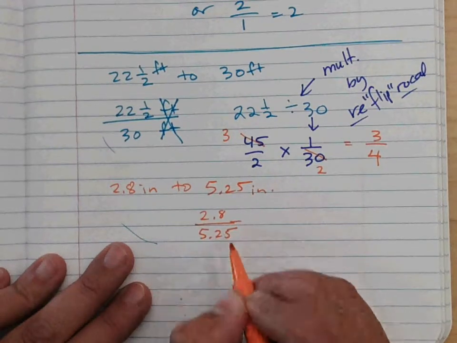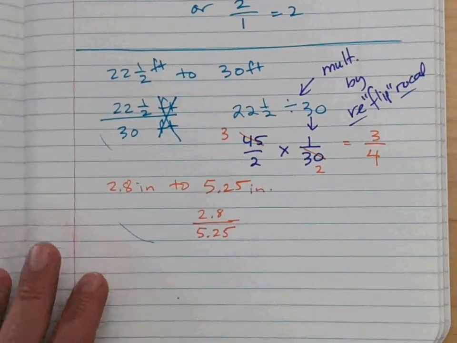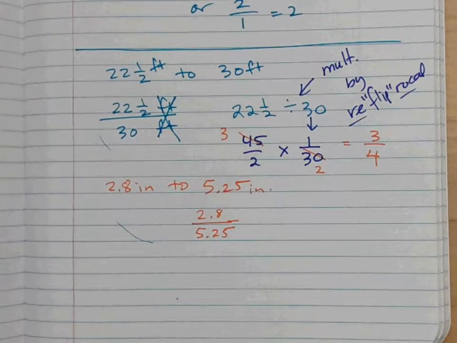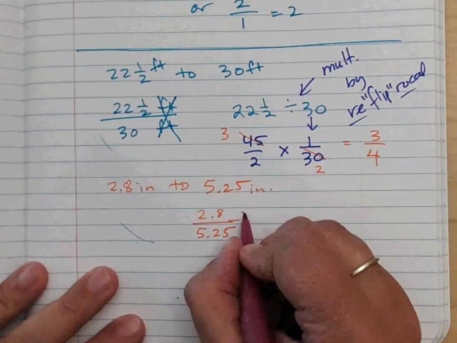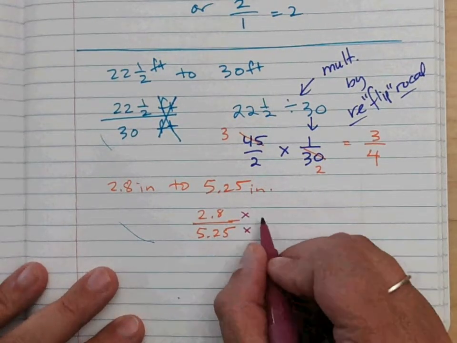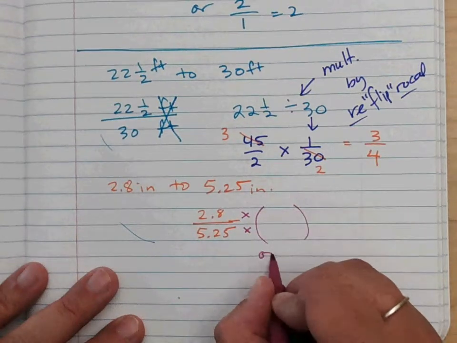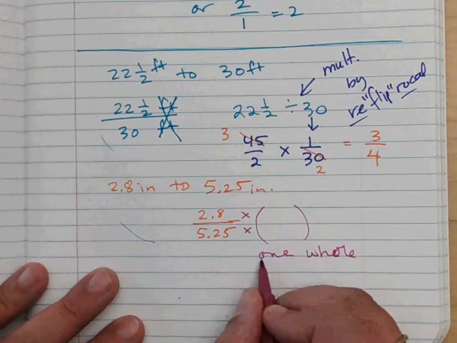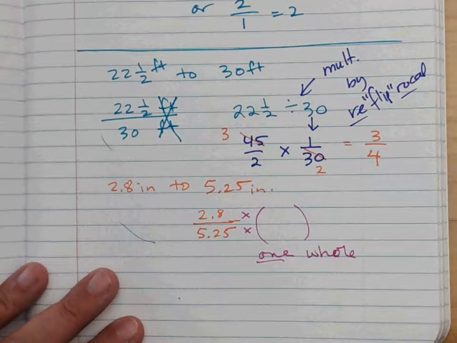Well, the problem here again is that we don't really like to see decimals mixed up in our fractions. It's not a very convenient comparison. So if I multiply the numerator and the denominator by the same thing, I'm really multiplying by one whole, which we know whenever we multiply by 1, we don't change the value.